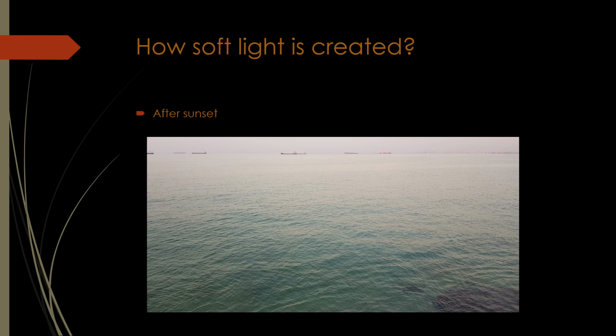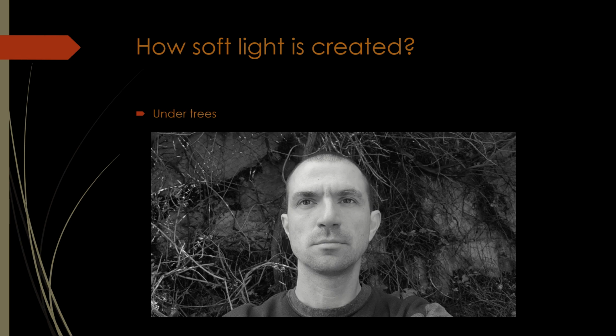Another part of the day, just after the sunset, the light is really beautiful, really soft and delicate, and you can see the shadows on the small waves on the sea. When we take a picture under a tree, we can get this kind of effect.